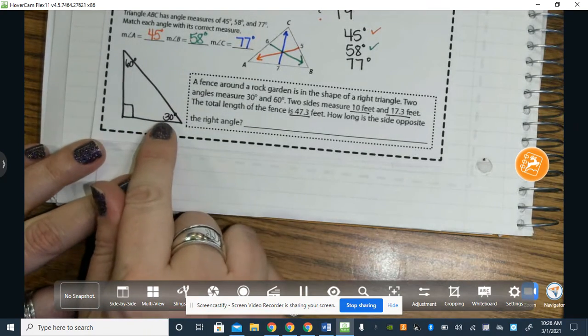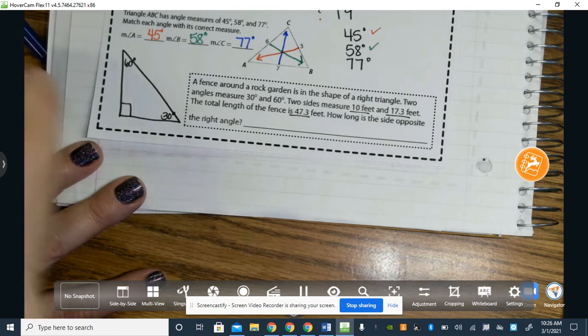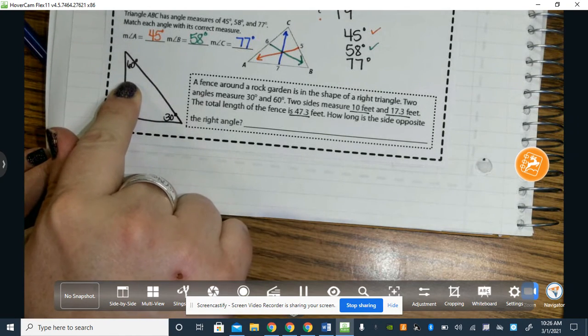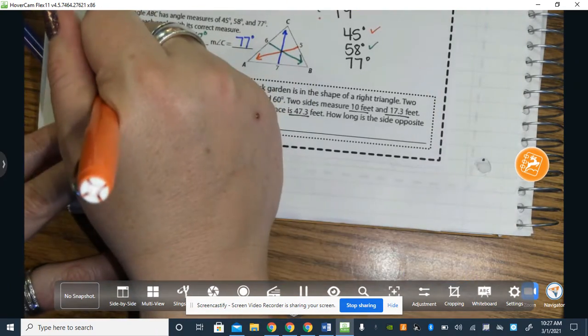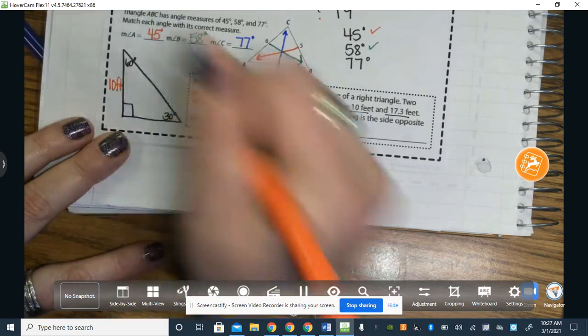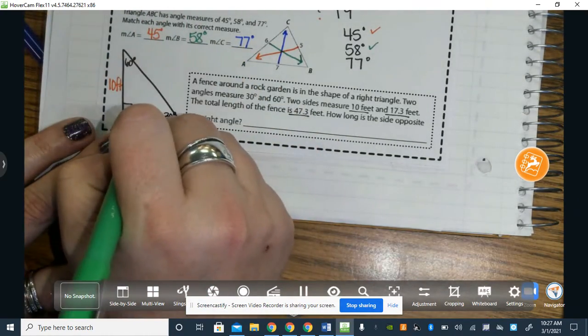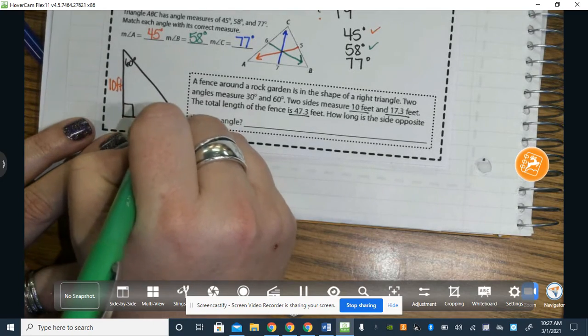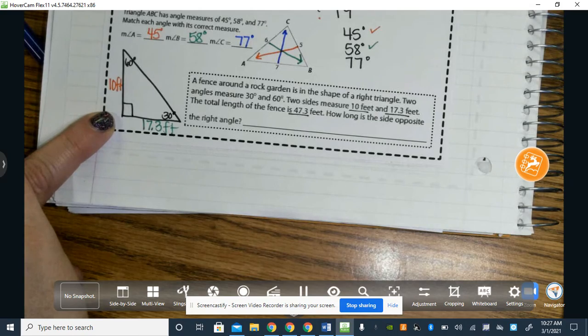Well, if I look, 30 degrees is my smallest angle, so it's opposite my smallest side. So across from 30 degrees would be 10 feet, making across from 60 degrees 17.3 feet. So now I just have to figure out what this is.